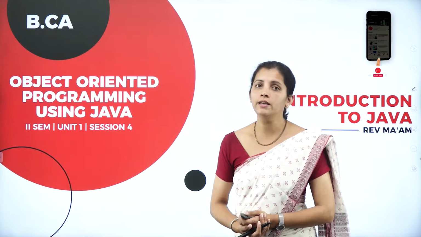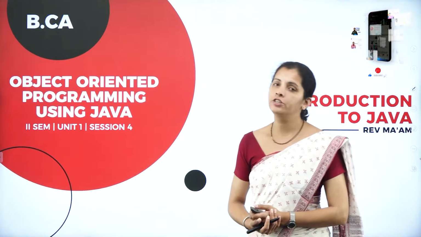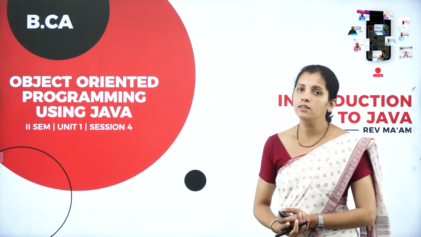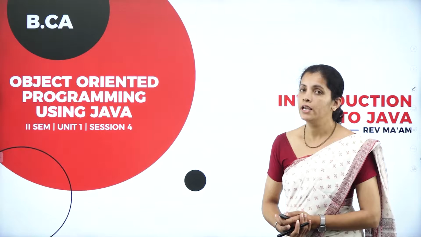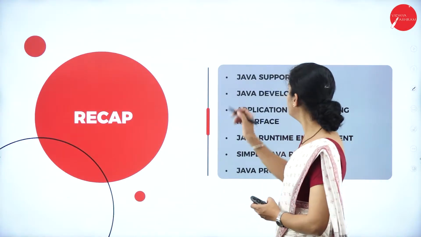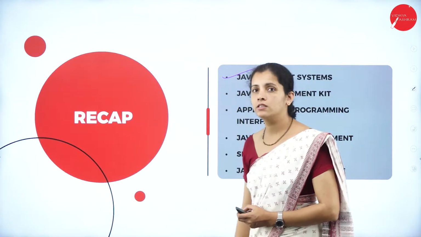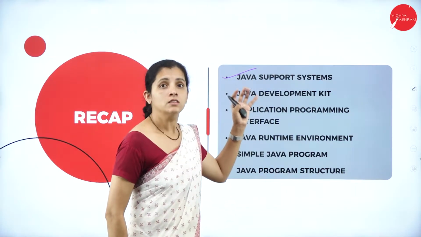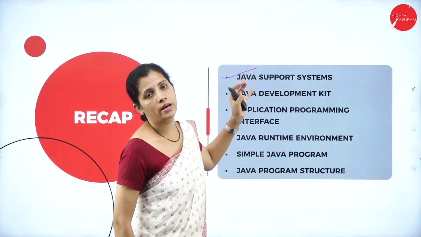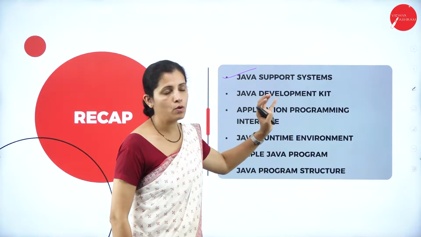So dear student, before starting today's session, let me recall the topics which I covered in my last session. In my last session, I started with the Java support system, that means what support system I require to run a Java program.